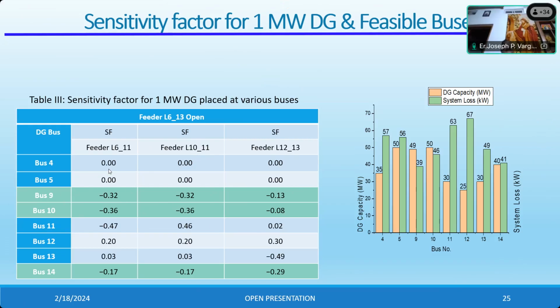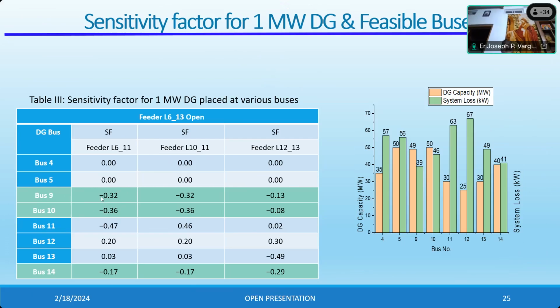But when we place the 1 megawatt DG at bus number 9, 10, and 14, the values become negative for all the congested lines. That means that due to the penetration of DG, the flow is reduced in this feeder.